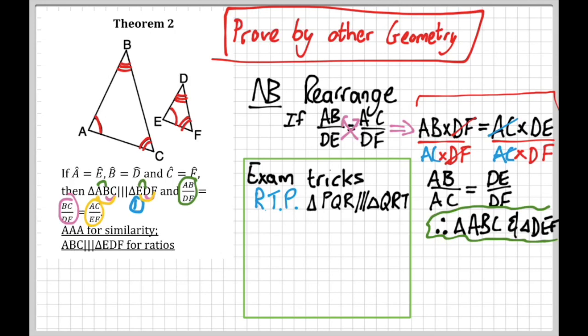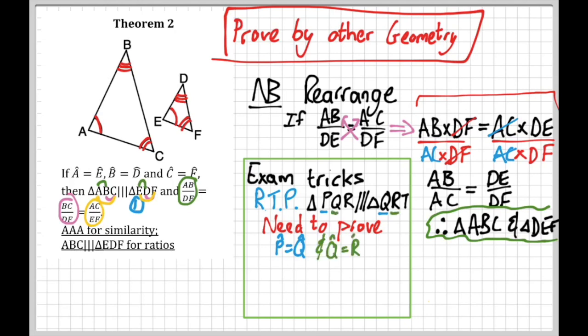What I actually need to prove is the following: that angle P is equal to angle Q, because they're written first in the two triangles.